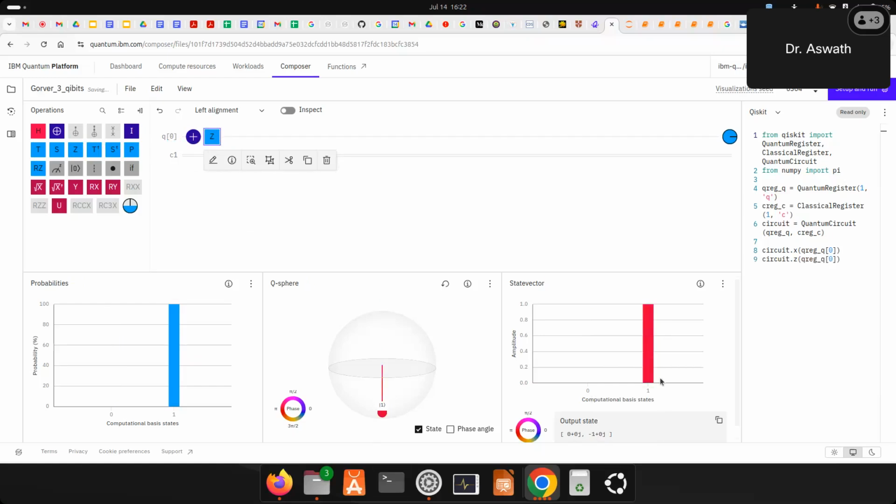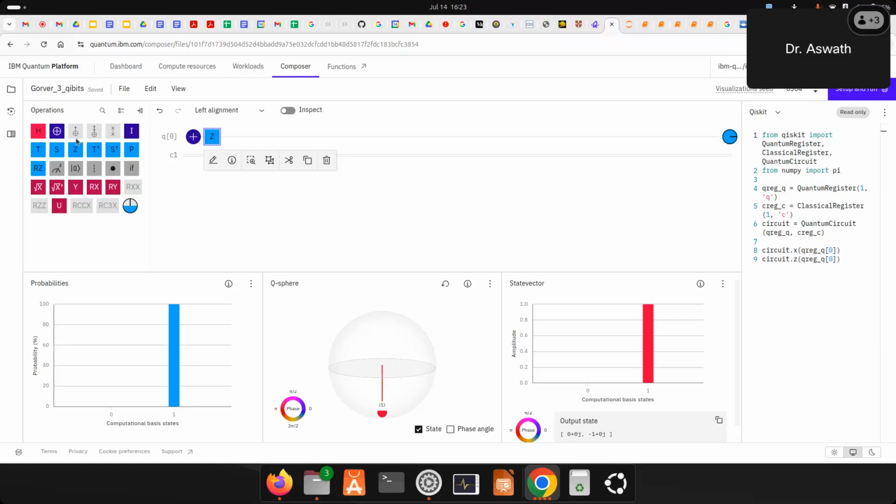Blue has become red. It is still the 1 bit state, but its phase got flipped by pi degrees. You see the red color. Correspondingly, on the Q-sphere it is also remaining in the south pole, but it is a relative phase, like a global phase, actually becoming red. So that is what is shown here on the Quantum Experience platform.